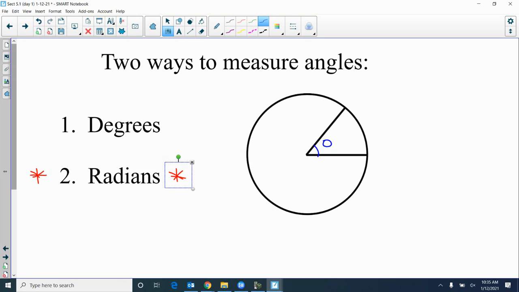This is my angle. If you measure this arc, and if that arc has the same measurement as the radius, that angle is 1 radian. So theta is equal to 1 radian. So it has a mathematical foundation behind it. It's not just an arbitrary choice.